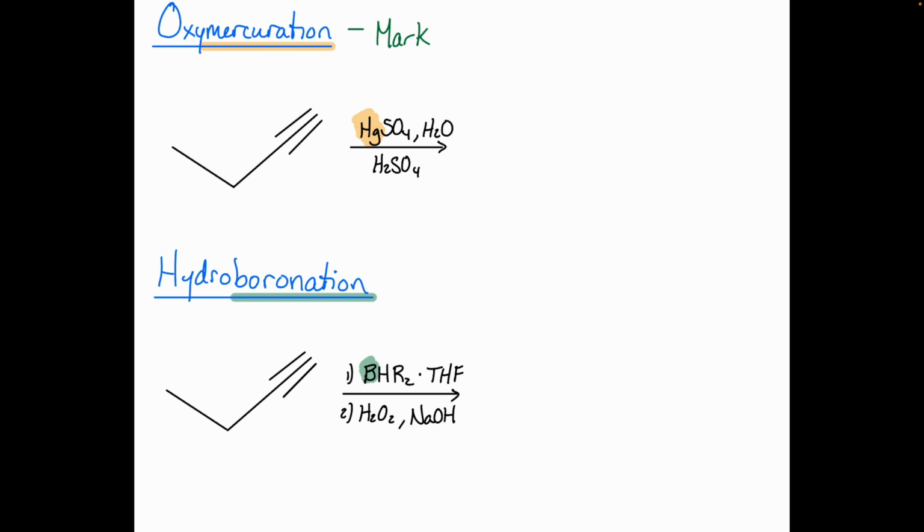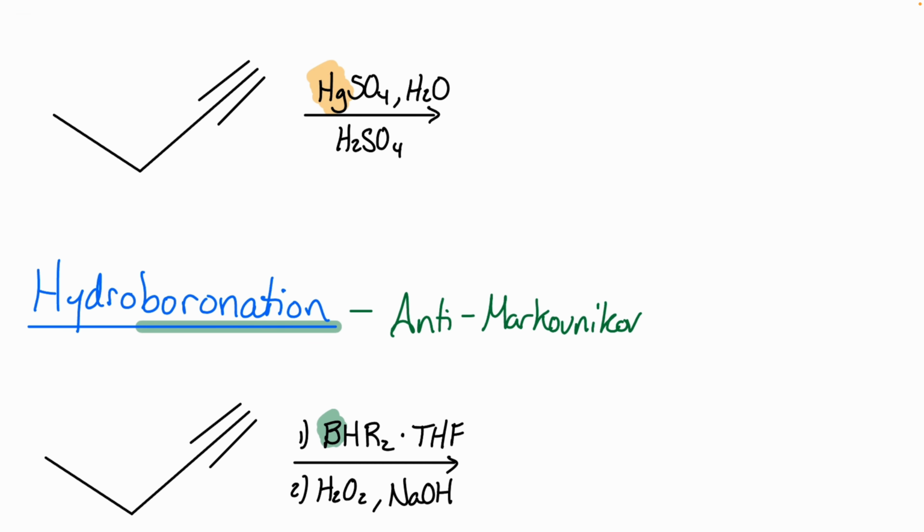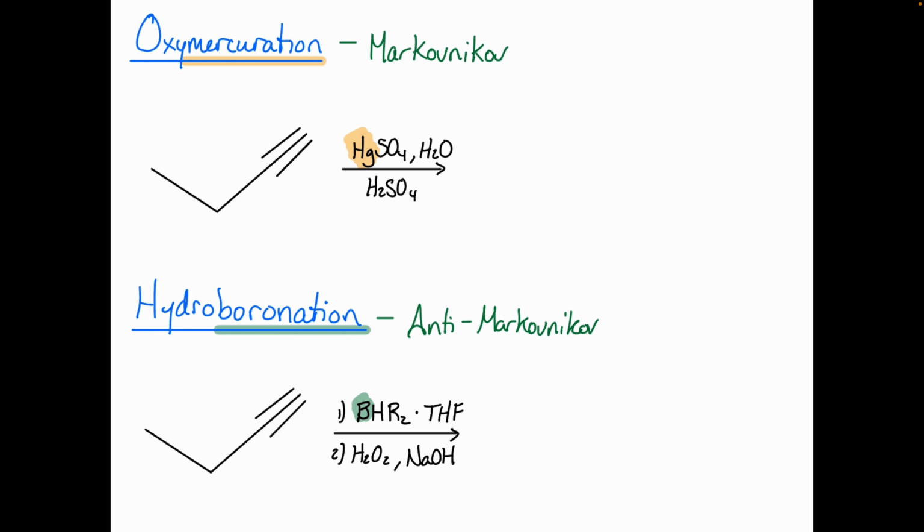Goes on the less substituted carbon. So given this particular alkyne here, where one of my carbons is di-substituted and one of them is mono-substituted, all right, I want everybody to take a second and predict our hydration products here, given that oxymercuration is again a Markovnikov reaction and our hydroboronation reaction is again an anti-Markovnikov reaction.